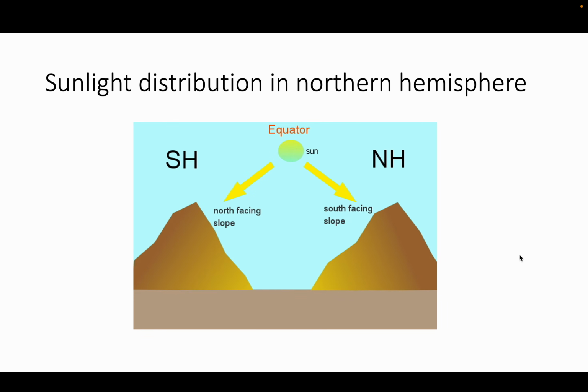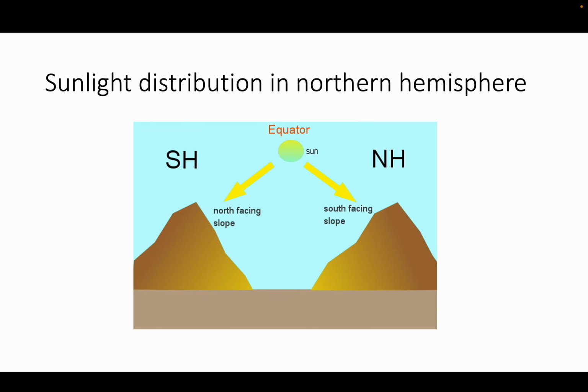So some other examples that we can look at is going back to a very large and important abiotic factor, which is sunlight. In the northern hemisphere, where we are living, the south side of the slope is more exposed. It gets more direct contact with the sun.